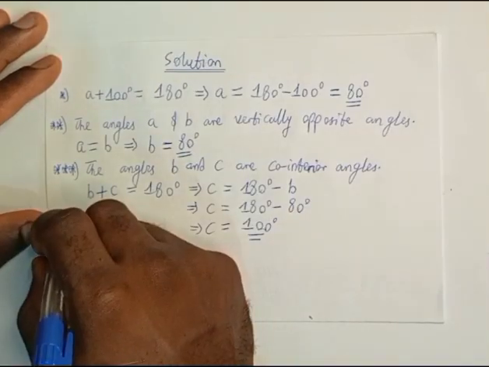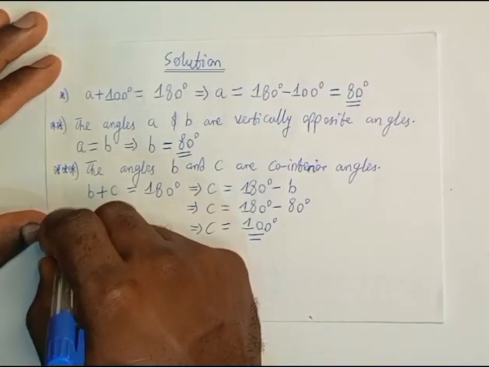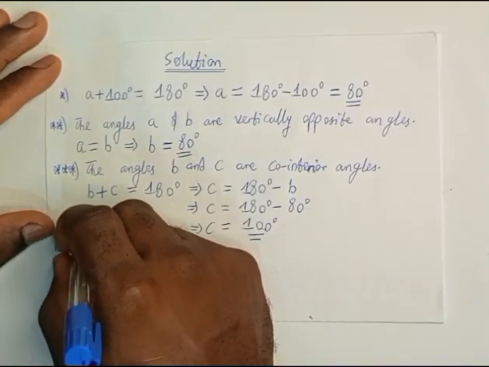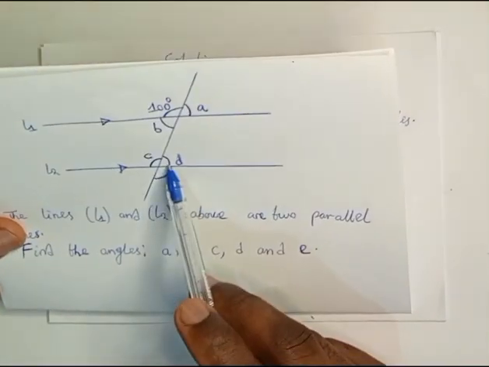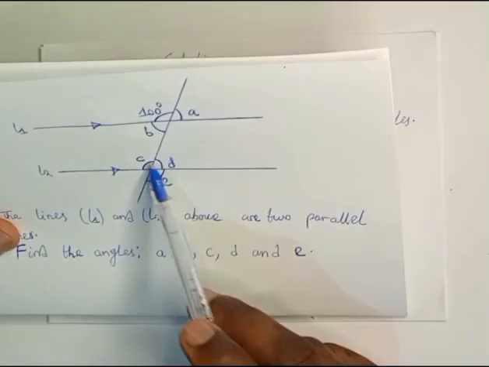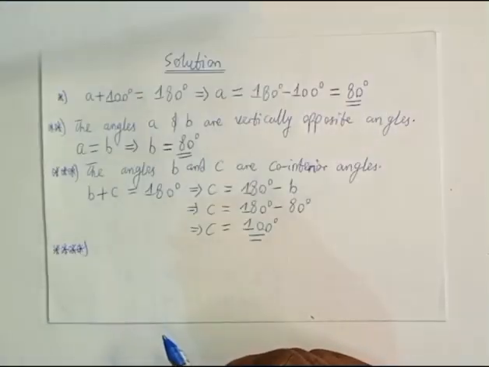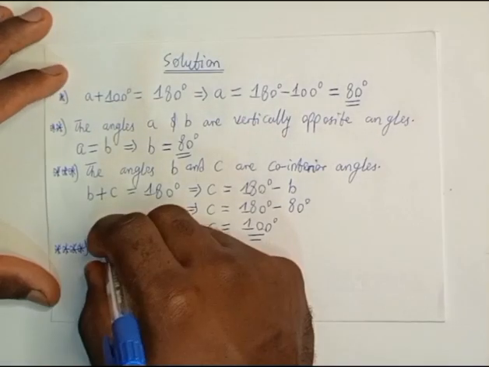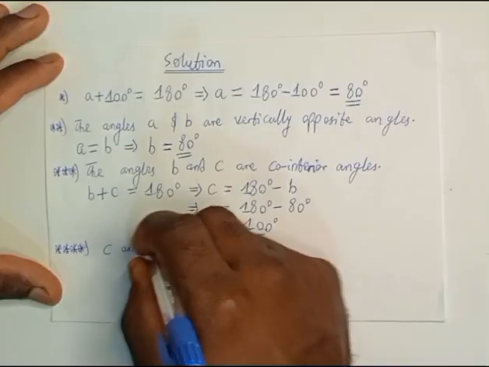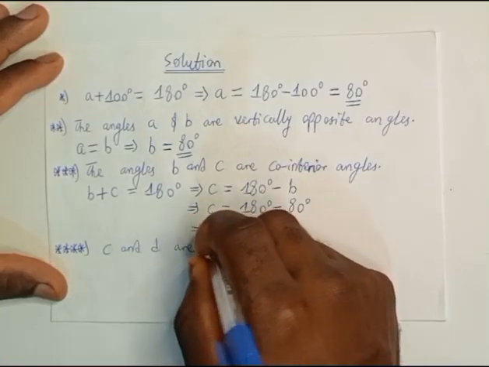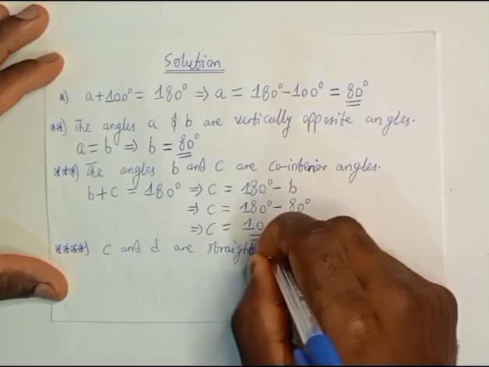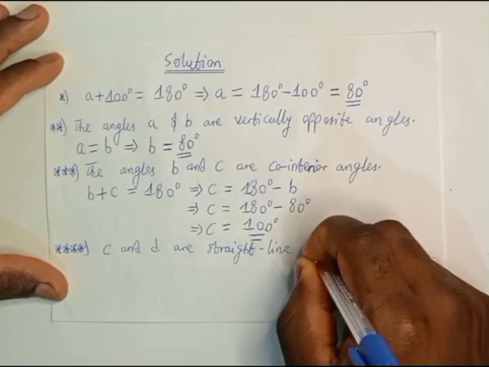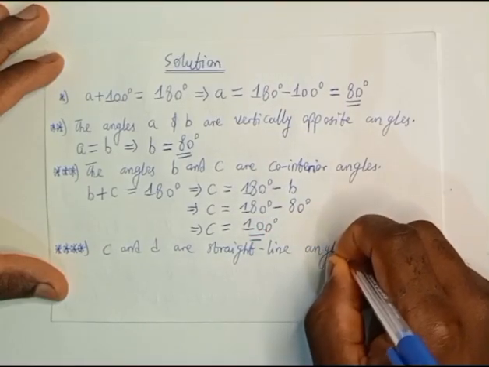We take a 4 star. We have to find the angle D. The angle C and D, they are straight line angles.